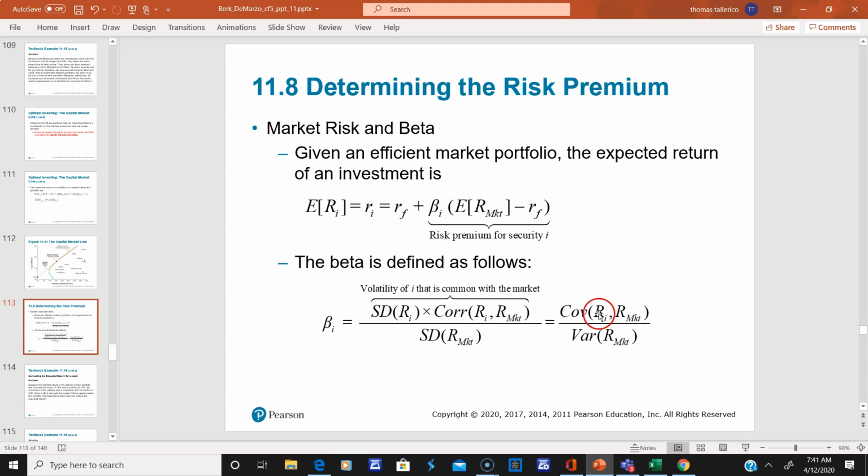So here's the very definition of beta, and I think we saw this a little while ago.